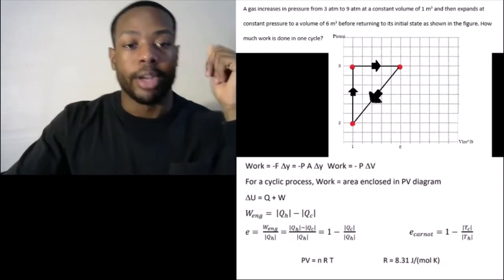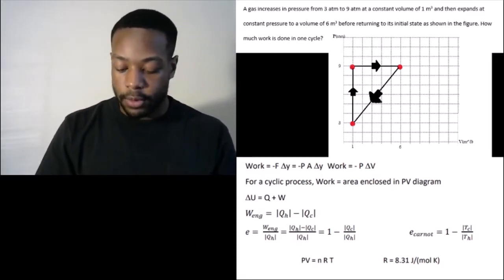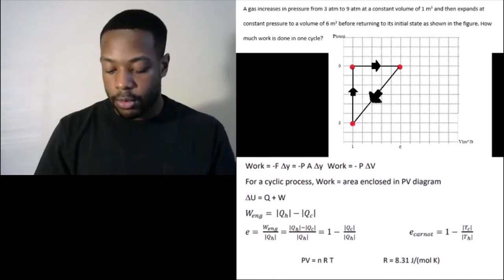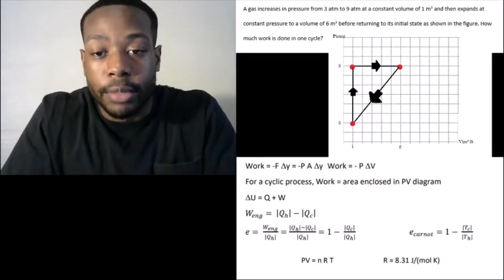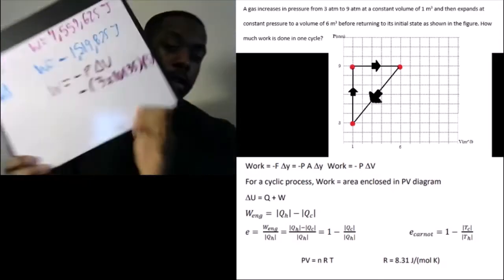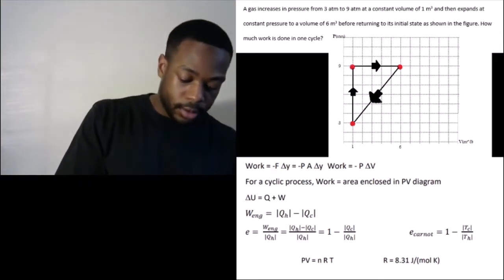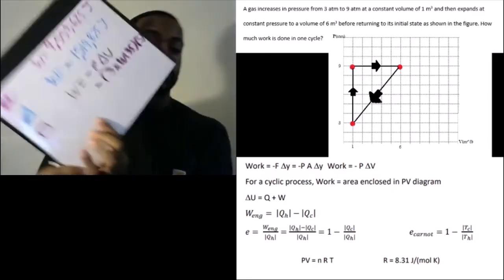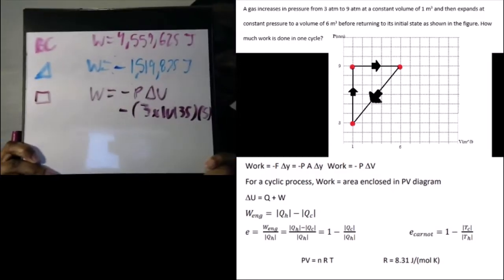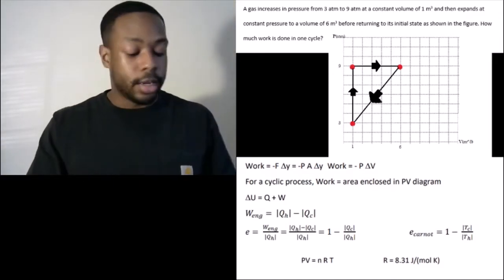And of course we want to put in our conversion rate as well, so 3 times 101,325. Delta V is going to be 5 again, so not complicated there. Let me put a little drawing over there as well. So we've got that. Do a little math, it shouldn't take you long.